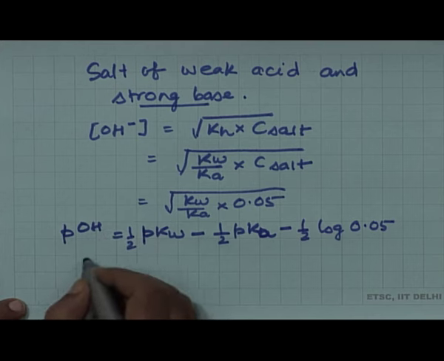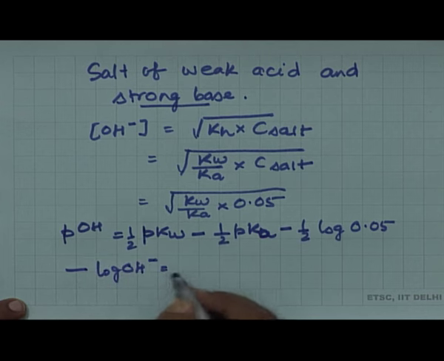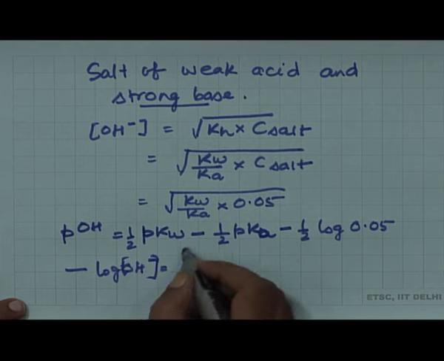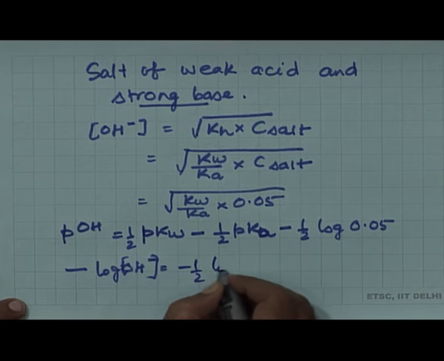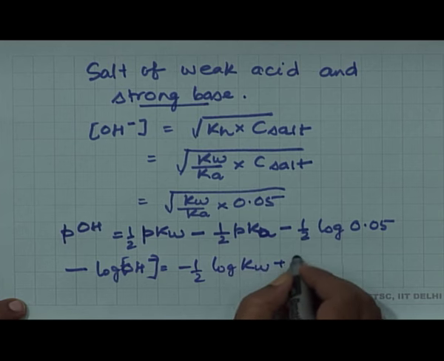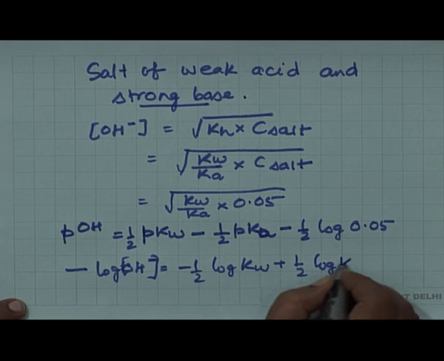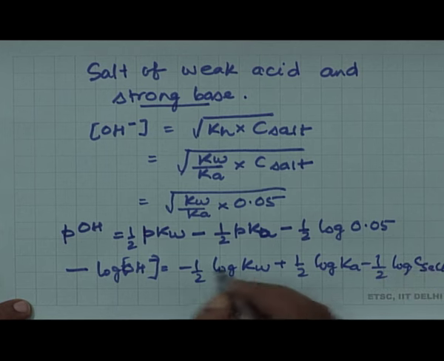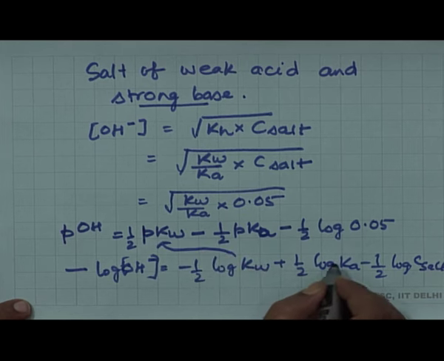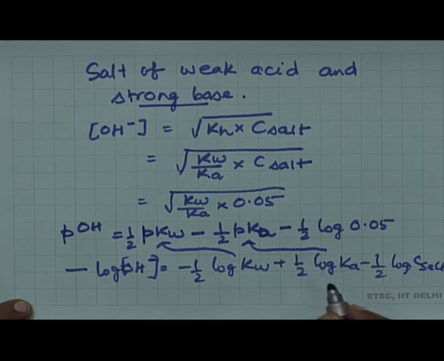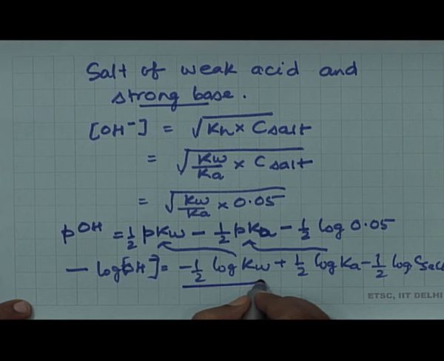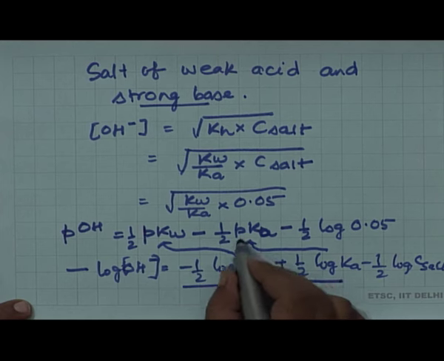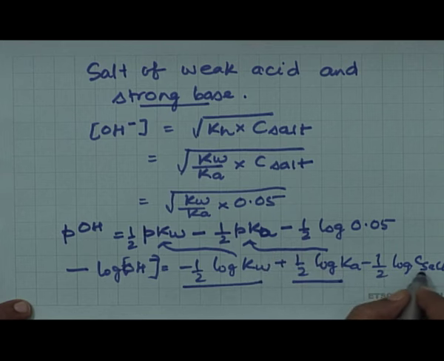This comes from minus log OH minus ion, which will be equal to minus half log Kw plus half log Ka minus half log C salt, and minus log Kw is equal to pKw, minus log Ka is equal to pKa, and so we have half pKw minus half pKa minus half log C salt.